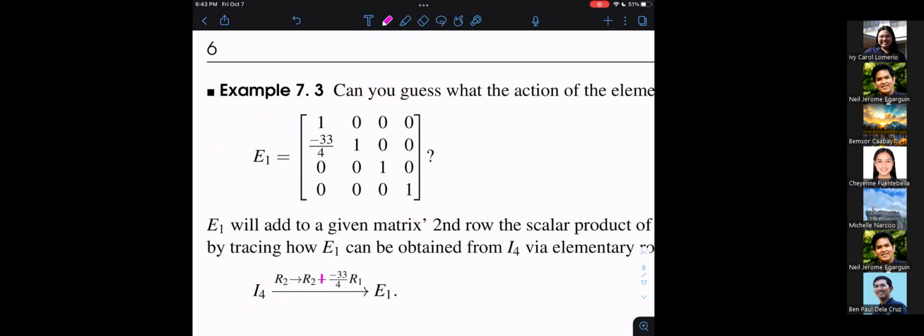And that's how we get E1, right? So if you want to do this row translation in terms of formal operations, ang gagawin mo, E1 times the target matrix. Because whatever happened to the identity matrix after you do one ERO, yun din yung makukuha mong output pag in-apply mo yung elementary matrix na yan sa kahit anong target matrix. Okay?